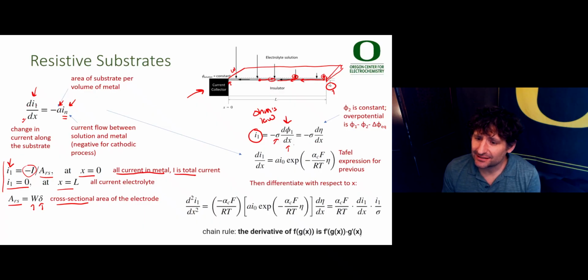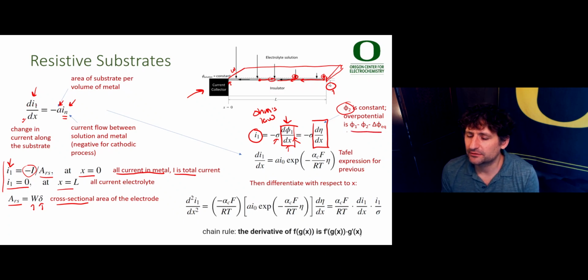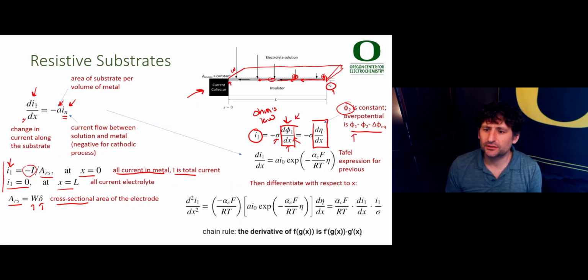We can recast this derivative, d phi 1 dx, in terms of a derivative in the overpotential. That's because phi 2 is constant, and the derivative in the overpotential, which is defined here, the difference between phi 1 and phi 2, is identical numerically to the derivative in phi 1, because phi 1 is the only thing that's changing as you go along the x direction here, back and forth.